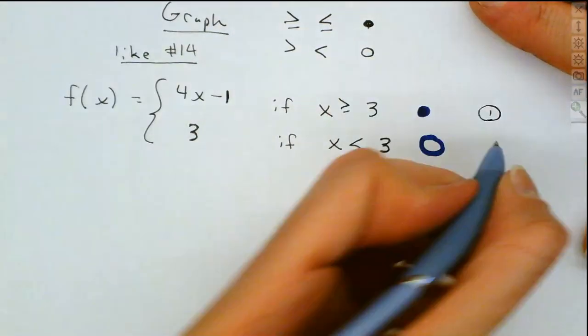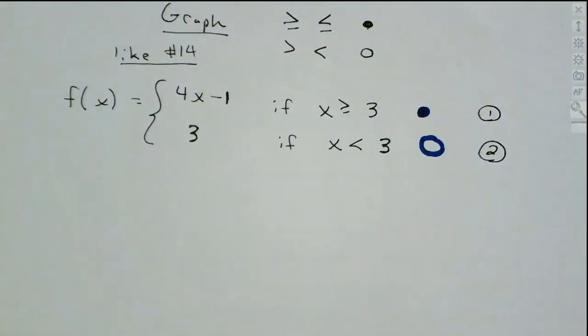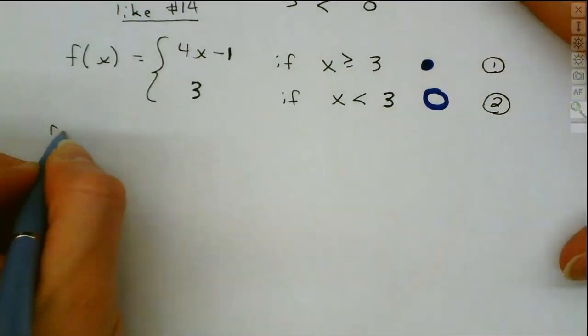And I'm going to label this 1 and 2 here. Now what we do is we need points. Right? We need 2 points because these are going to be lines. So we're going to get 2 points, we're going to connect them together and make a line. Now, it's 2 separate lines on the same graph, so they're done in pieces. So let's start with row 1, or level 1.